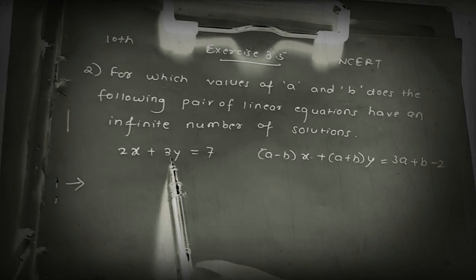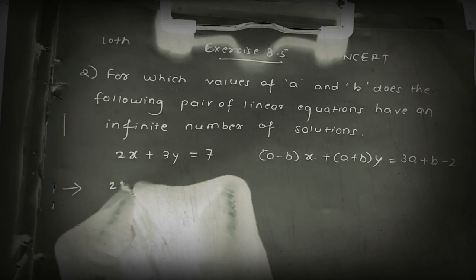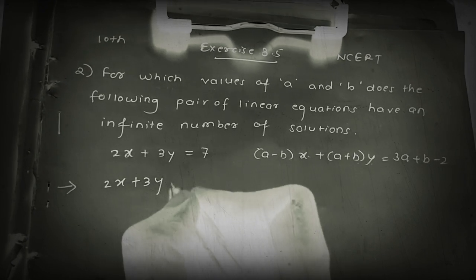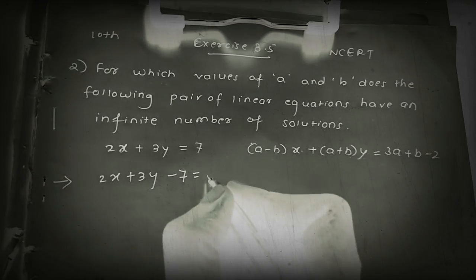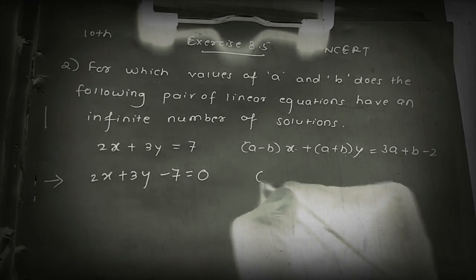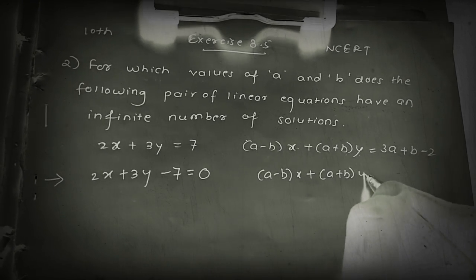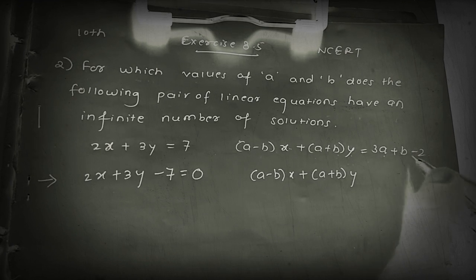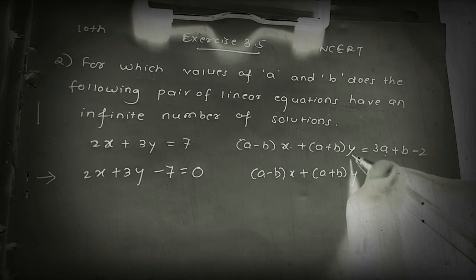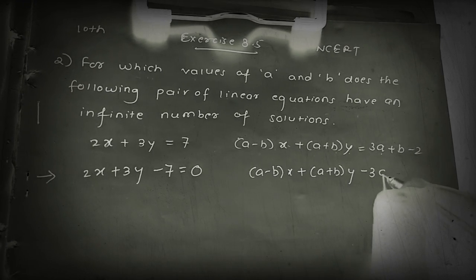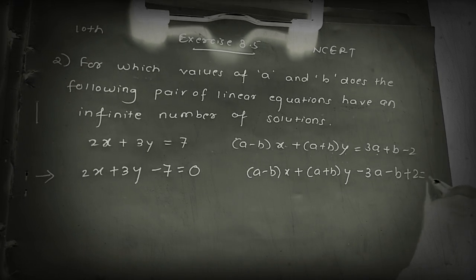Before writing the condition, we will write these two equations in general form, that is, ax plus by plus c equals 0. So 2x plus 3y minus 7 equals 0 is our equation 1, and the second is (a minus b)x plus (a plus b)y. Bring everything to one side, because when you put the values of a and b you will get the constant. Bringing plus 3a to this side it becomes minus 3a, plus b becomes minus b, and minus 2 becomes plus 2, equals 0.